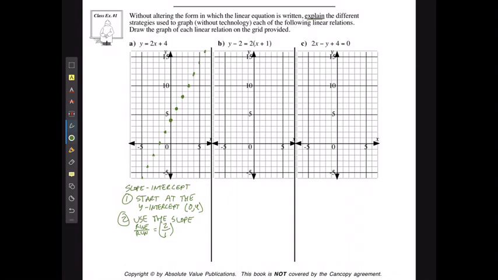And then I'm just going to join points and extend line with arrows to show that it's going to keep extending out in the opposite directions. So I'm going to connect them and then just have arrows to show that they're going to go on and on and on.